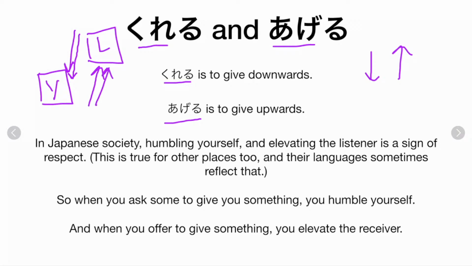Kureru is to lower and ageru is to raise, more literally. But in this case, I'm going to say give, because you'll see in a second. The important part is that you are below the person you're talking to, so you have to use the right verb depending on whether you're the one who is getting it or the one who is giving it.